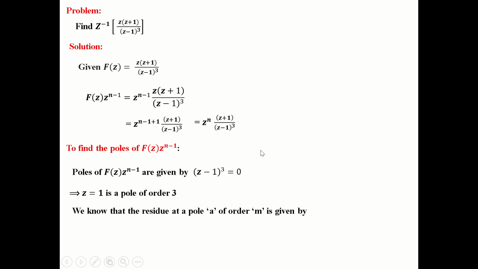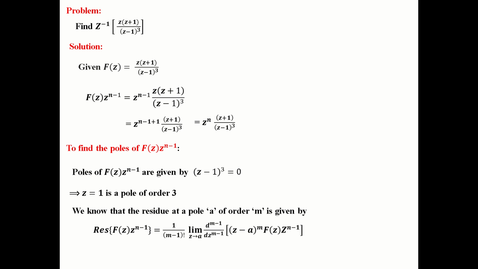So we know that the residue at pole a of order m is given by residue of F of z power n minus 1, which is equal to 1 by m minus 1 factorial d power m minus 1 by dz power m minus 1 of z minus a power m into F of z power n minus 1. Instead of m you are having 3 here, right?